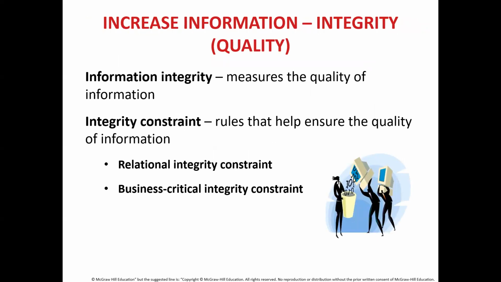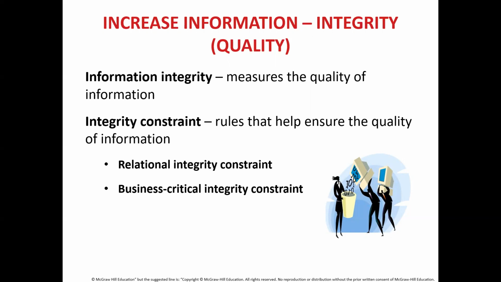Increase information integrity, that is quality. Information integrity measures the quality of information. Integrity constraints are rules that help ensure the quality of information. Now, there are two types of integrity constraints. The first one is relational integrity constraints.